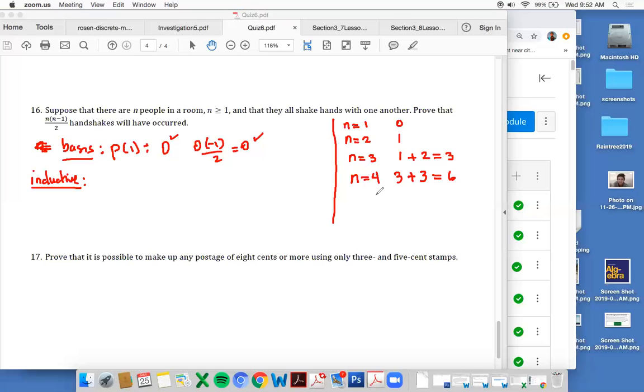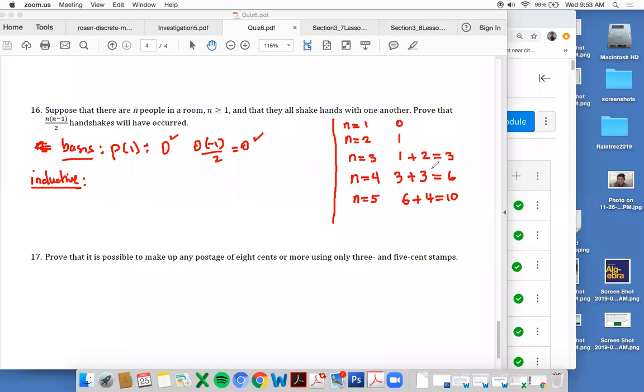Basically we see that we're adding to whatever happened previously. Let's look at n is 5. For 5 people, 6 handshakes already happened, and the 5th person shakes the hands of the 4 people who are already in the room, so that's 10.